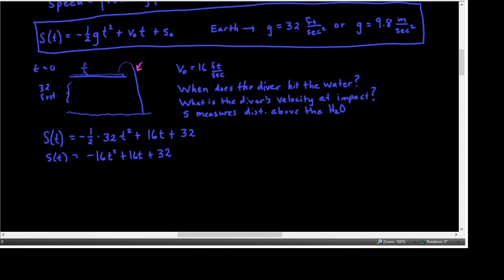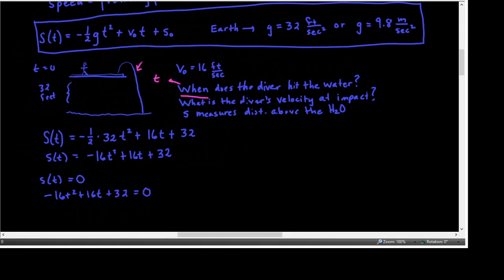So to answer the first question, we let s of t equal 0 and solve for t, which will answer the question when. When is a value of t. So that means -16t squared plus 16t plus 32 will be 0.